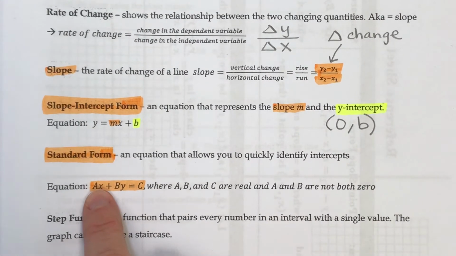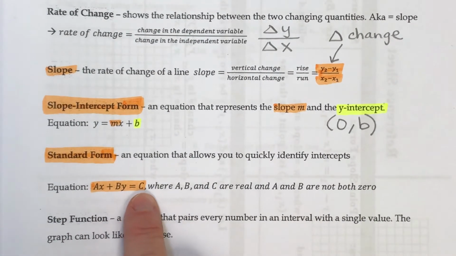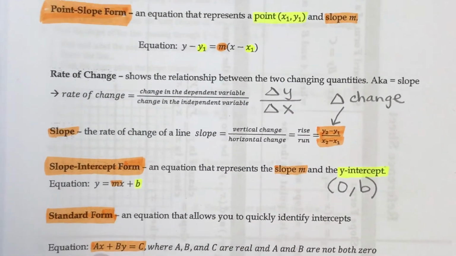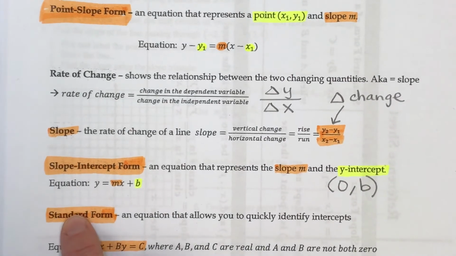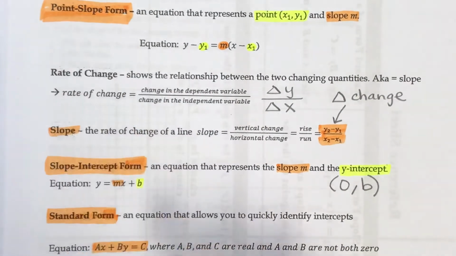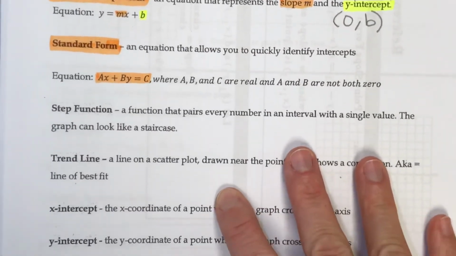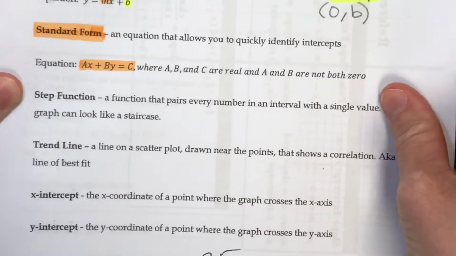Your a coefficient, your b coefficient, and c have to be non-fraction numbers, and your a term in the front has to be positive. And so these are the three ways of writing the equation of a line. So standard form, slope-intercept form, and point-slope form, and we will go into much depth of those three functions throughout our unit. Then I have a few more vocabulary words here.